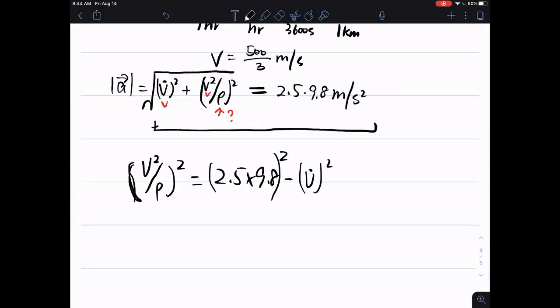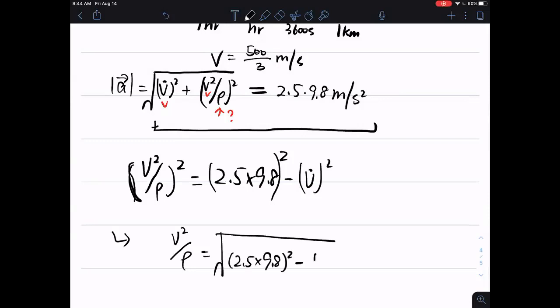Take another square root on both sides, end up with v square over rho equals the square root of 2.5 times 9.8 squared minus v dot square.